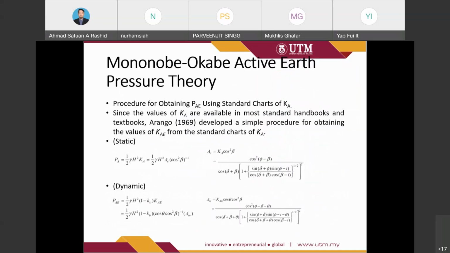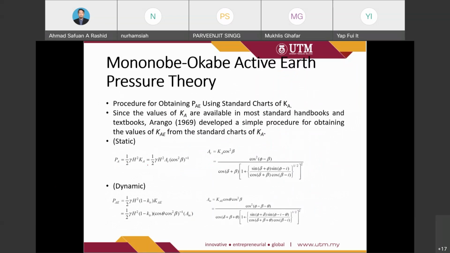So another approach being made by Arango: develop a simple procedure for obtaining the value of KAE from the standard chart of KA. So this is the static approach, where they have PA equal to half gamma H square KA.